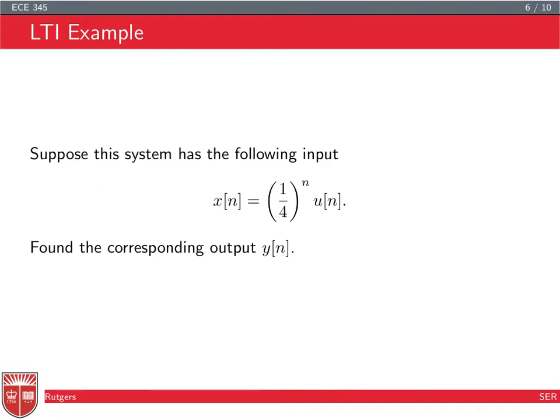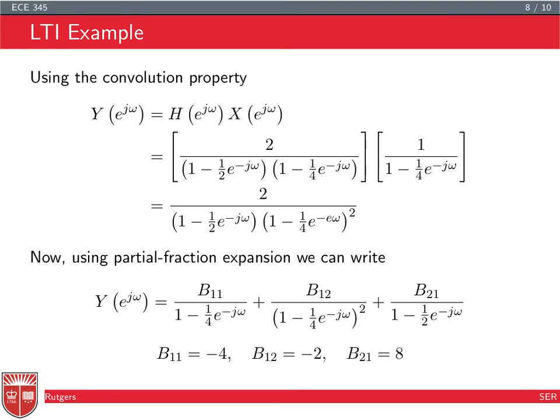Suppose that the input to this filter is x[n] equal to (1/4)^n u[n]. Find the corresponding output y[n]. We know that the output of the LTI system in the frequency domain is the product of the input with the frequency response: Y(e^{jω}) equals H(e^{jω}) times X(e^{jω}), and I have the expression of each one of these terms.